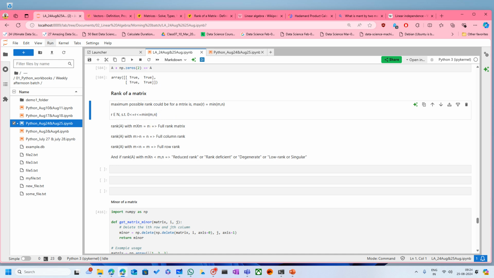When the number of rows is more than the number of columns, that is, m is greater than n, the number of columns becomes the rank of the matrix, hence we call it full column rank. And when m is less than n, the rank of the matrix will be the m value, hence it is called full row rank.